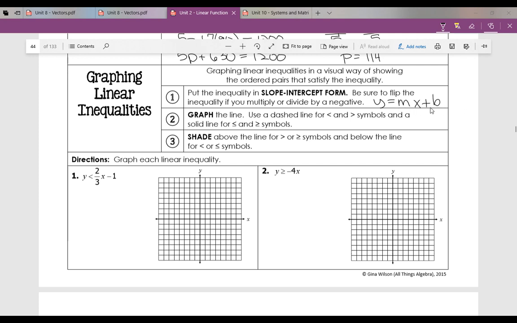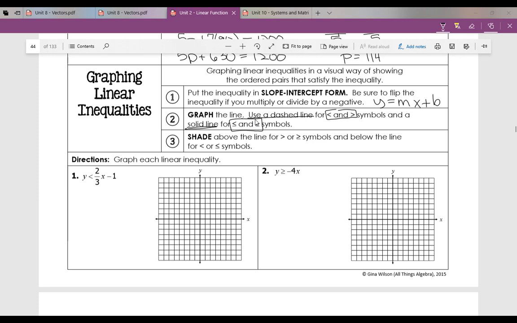You can use your slope and your y-intercept to graph, and that's what we're going to do. The second part, when you get ready to graph, you will use a dashed line for these two symbols. You will use a solid line when you have those two symbols with the or equals to part.